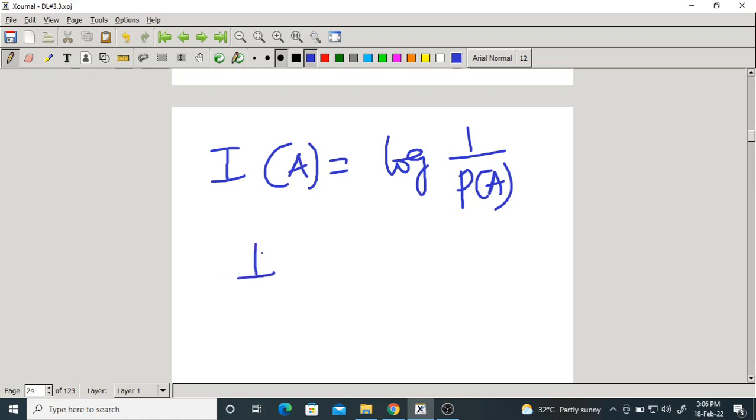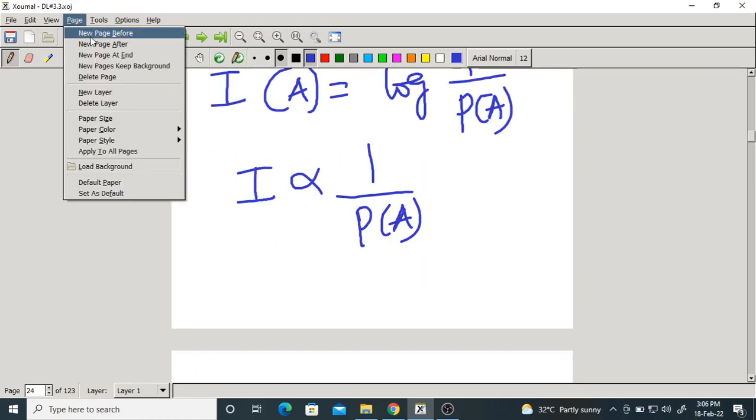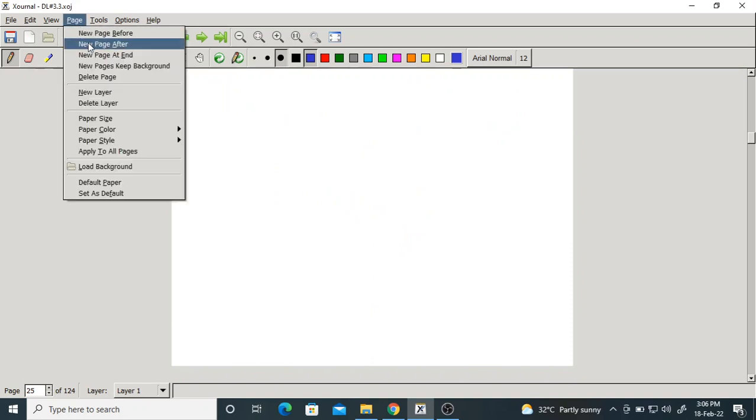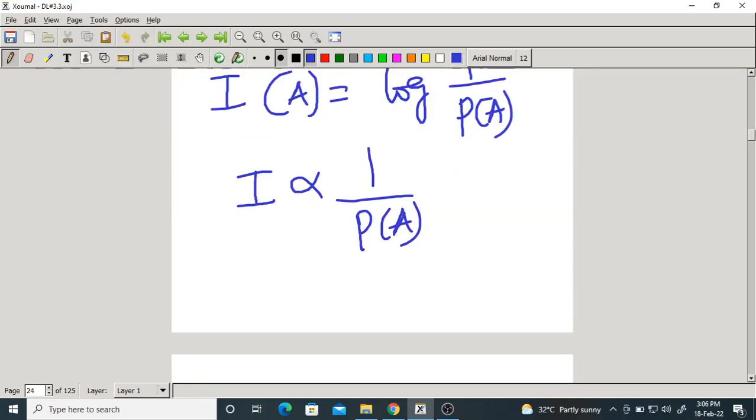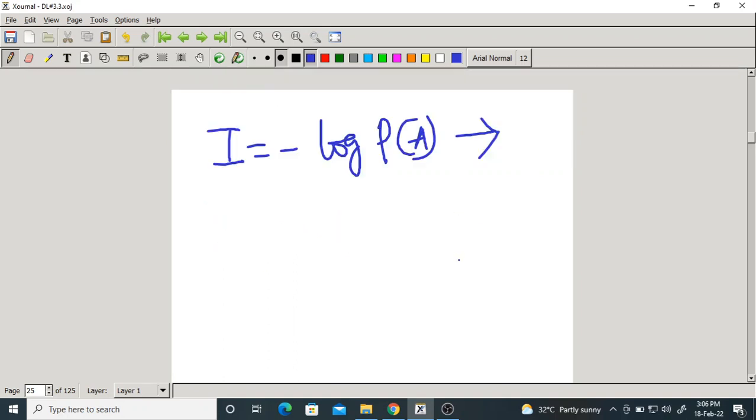Obviously, information is always inversely proportional to the probability of occurrence. These things you already know. So information is nothing but minus log of the probability of occurrence of that event A. Is it okay?